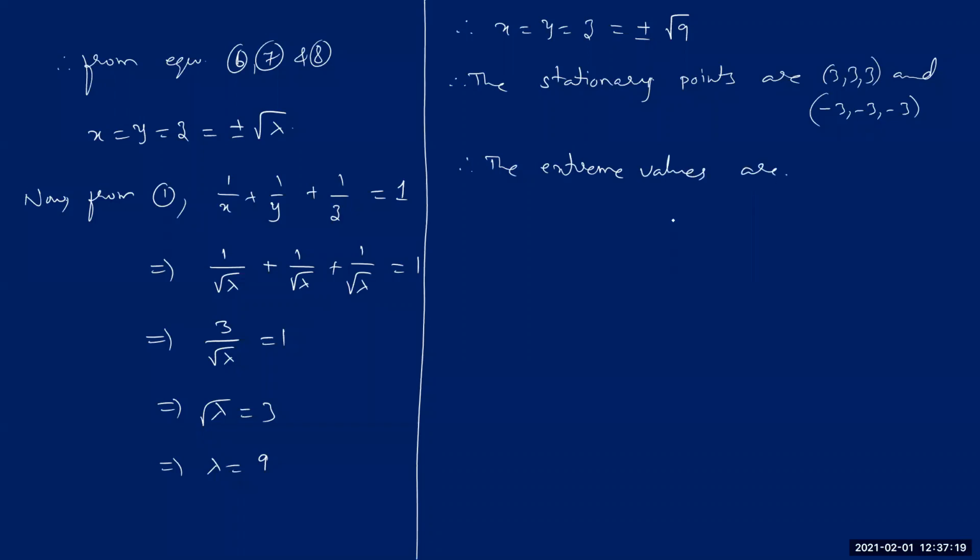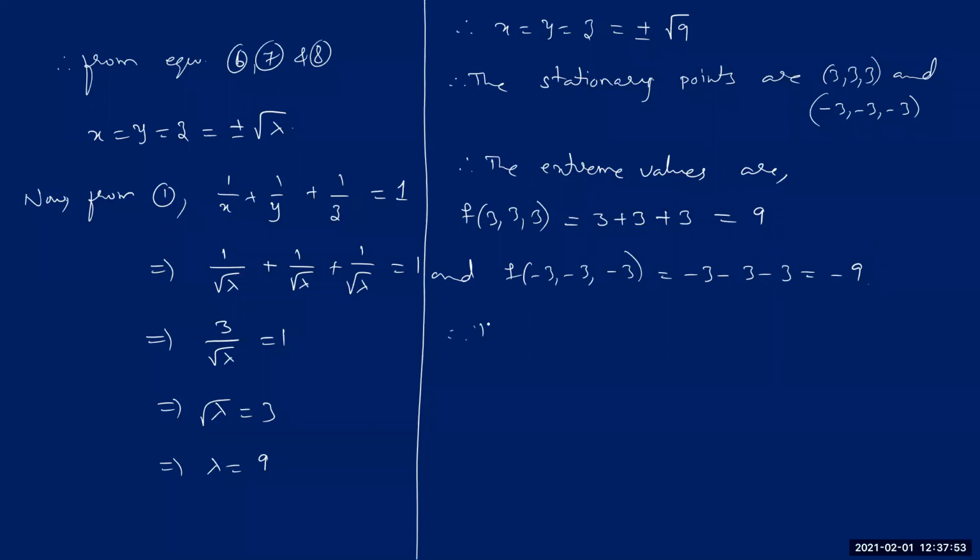Therefore, the extreme values are, I'm just calculating the function values at these 2 stationary points, f of 3, 3, 3. See, the function you are given is actually x plus y plus z. So I'm just substituting these 3 in f. So here it is 3 plus 3 plus 3. It is plus 9. And at the other stationary point, f of minus 3, minus 3, minus 3, you'll get this function value as minus 9. See, they are different. As we know, 9 is the maximum and minus 9 is the minimum among these 2.